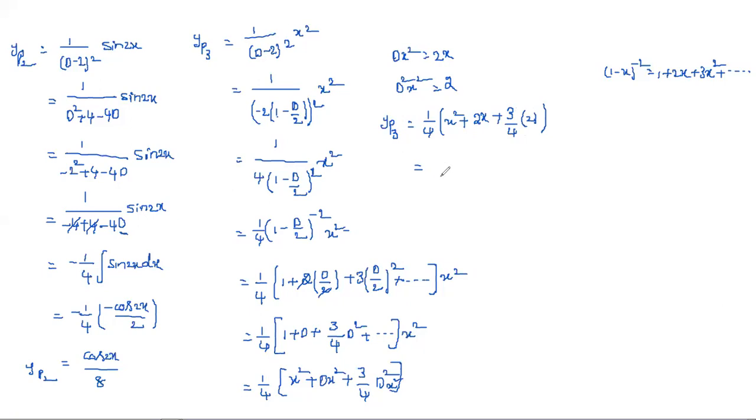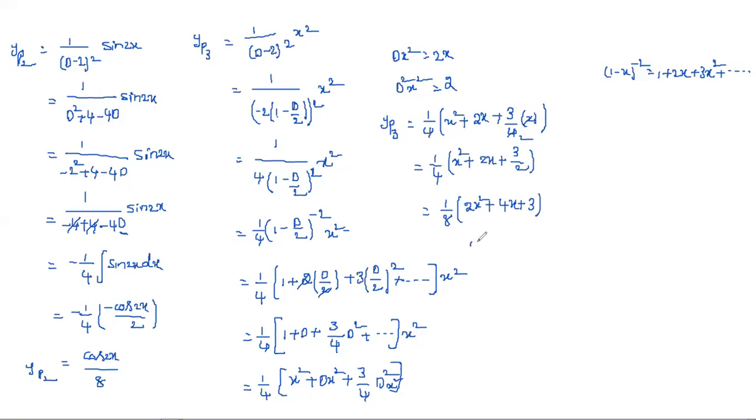So this is finally what we'll get: 1 by 4 of x square plus 2x plus, here 2 twos are 3 by 2. Then take the LCM, here we'll get 1 by 8 into 2x square plus 4x plus 3. This is the one. So this is yp3.